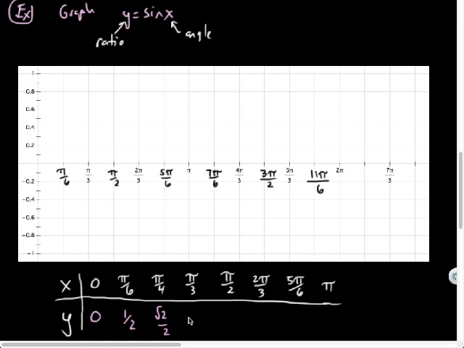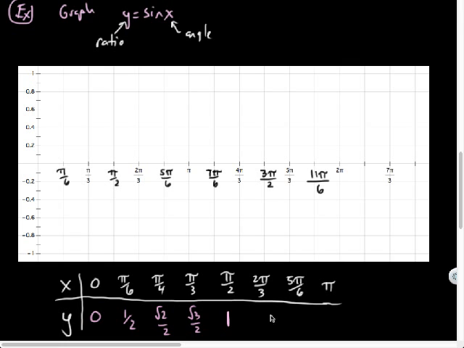Sine at 60 is root 3 over 2. Pi over 2 is the same as 90. Sine of 90, what's that? Square root of 4 over 2. Square root of 4 is 2, 2 divided by 2 is 1. So that's when sine is going to hit its maximum y value.